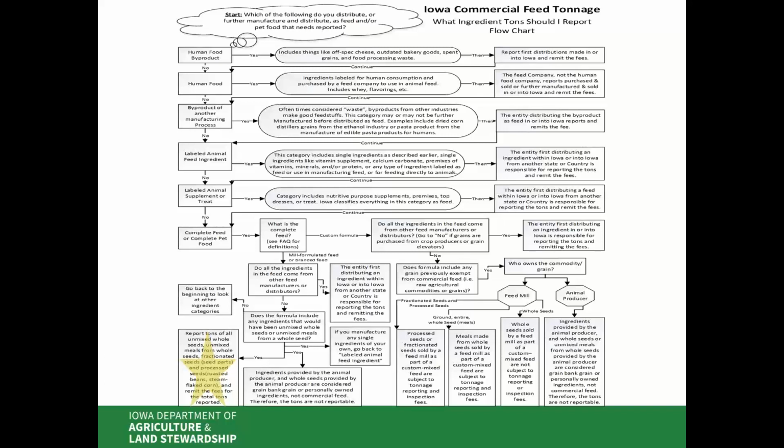We did, yes, because we got the oats and the ground corn. And then it says report tonnage for all unmixed whole seeds, unmixed meals from whole seeds, fractionated seeds, and processed seeds, steamed flake corn, and remit the fees for the total tons reported.